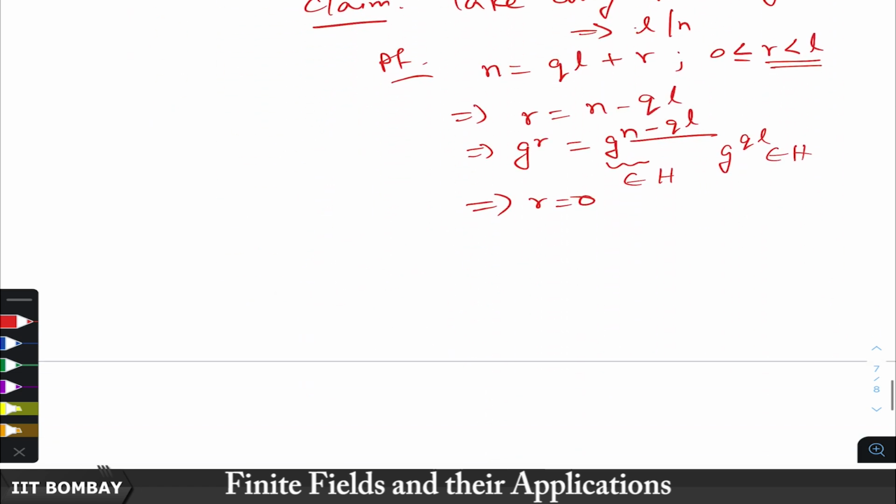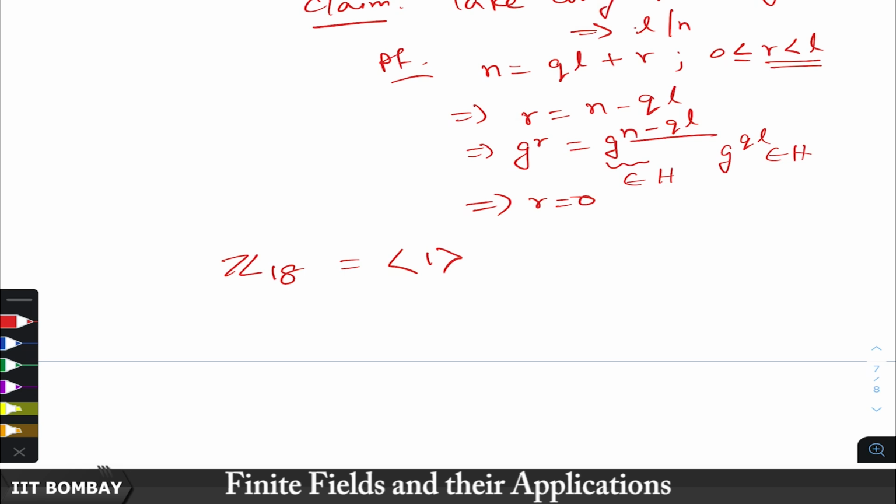So, let us say Z18. This is also a cyclic group generated by 1. You can get all the elements by adding 1 to itself again and again repeatedly, and all its subgroups are cyclic.